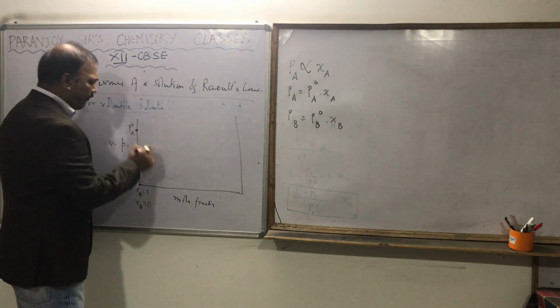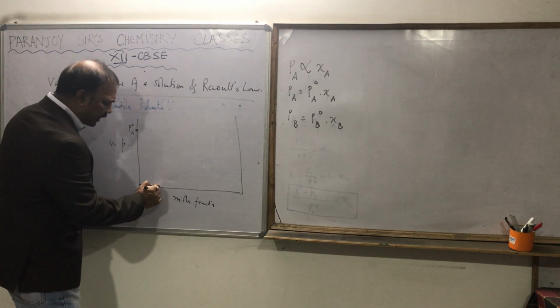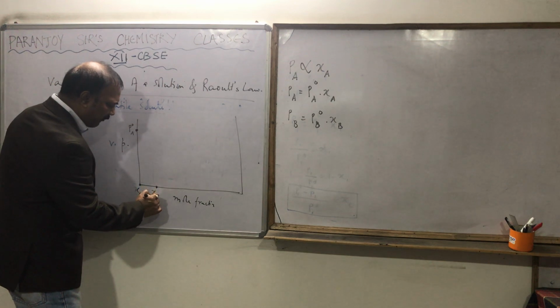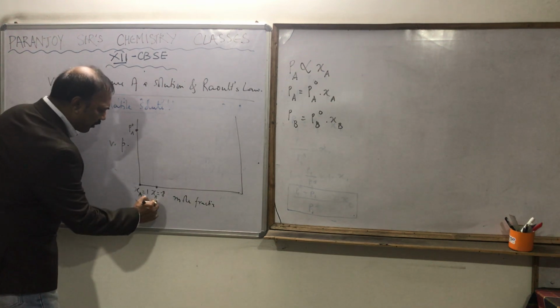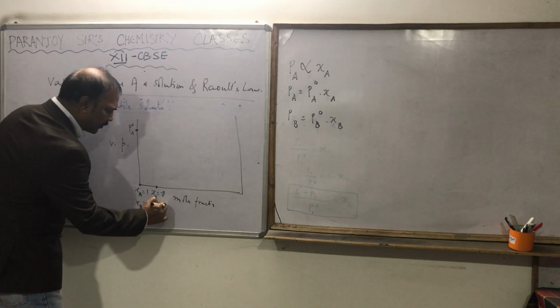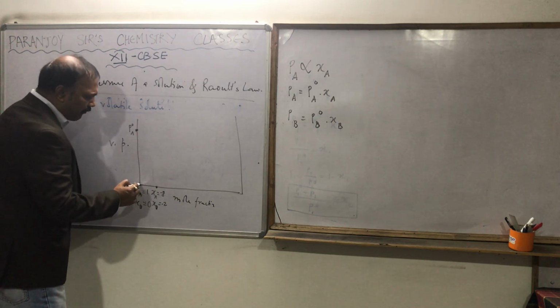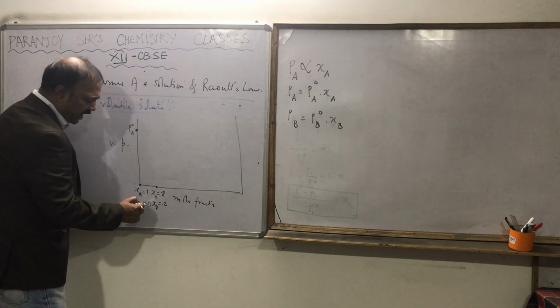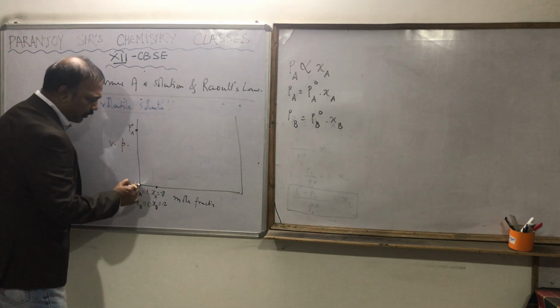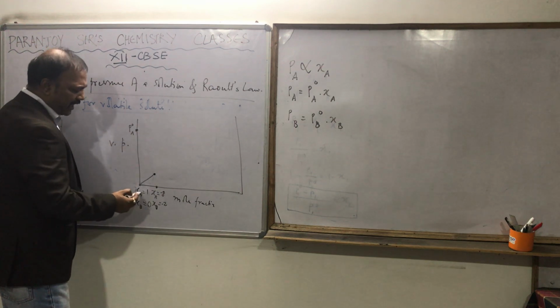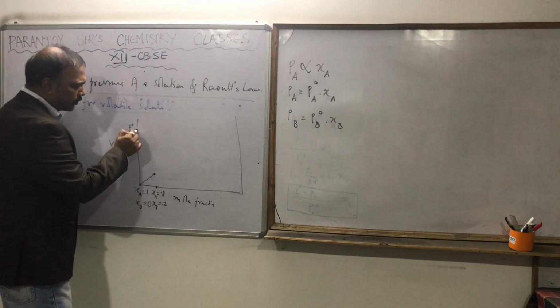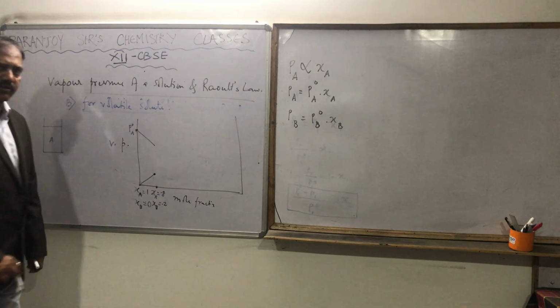Suppose the mole fraction of A is 0.8 and the mole fraction of B obviously will be 0.2. The mole fraction of B is changing from 0 to 0.2, so its vapor pressure will increase, and the mole fraction of A is changing from 1 to 0.8, so its vapor pressure will decrease.